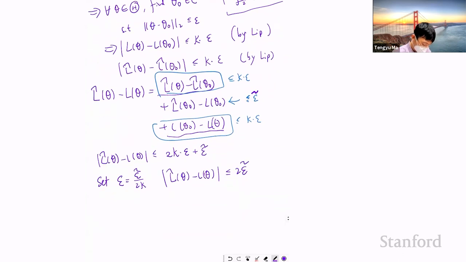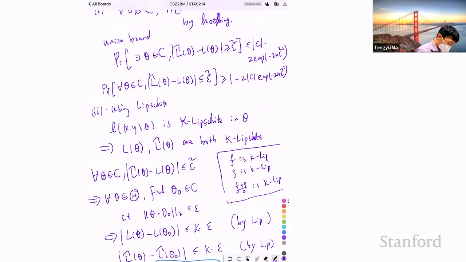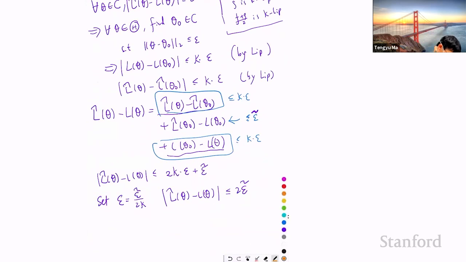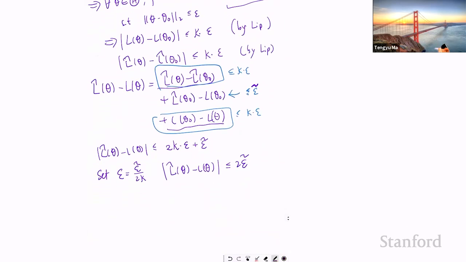Okay, all right. So now let's go back to here, because there is something about the cover size we haven't dealt with. We have to plug in the right cover size. So what is the cover size? The log cover size, log C, equals p times log of 3b over epsilon.